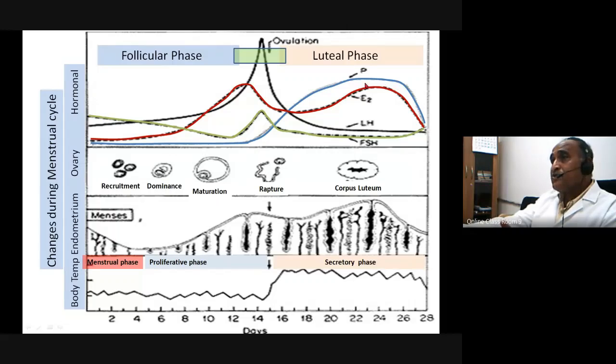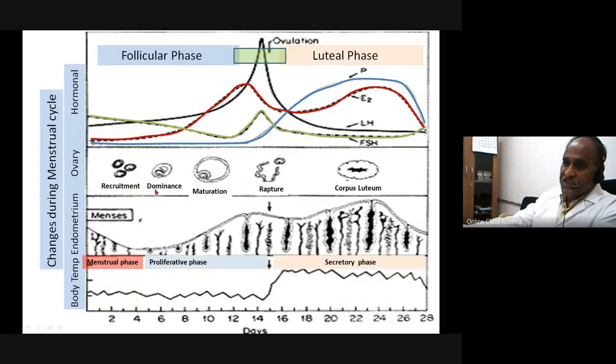So if you investigate these individuals, they do not have progesterone, and all the effects associated with progesterone are absent in these individuals. Now, coming back, this is the hormonal change. You just try to look into this and practice that.